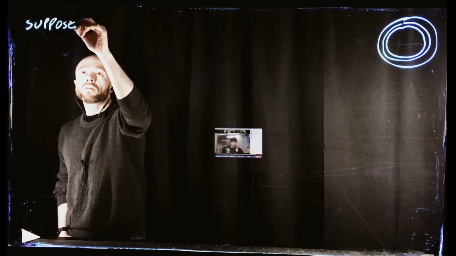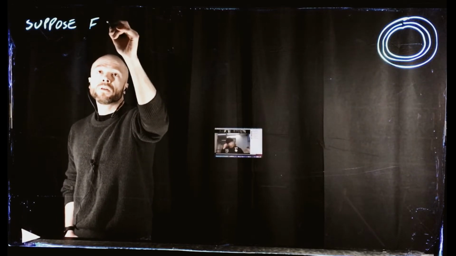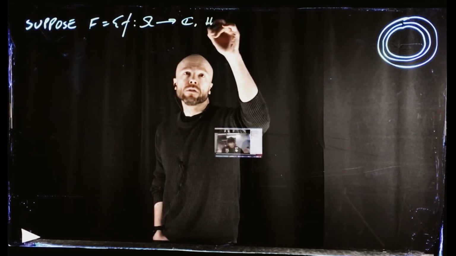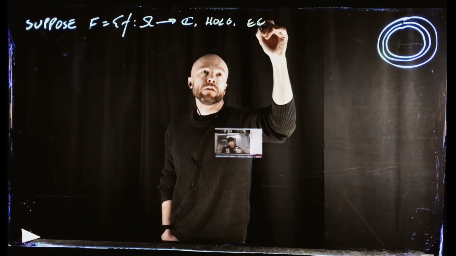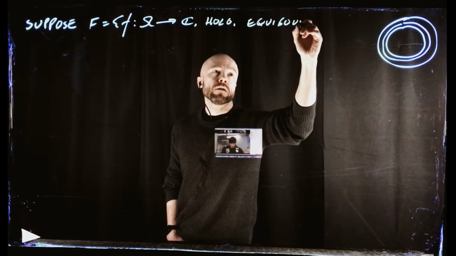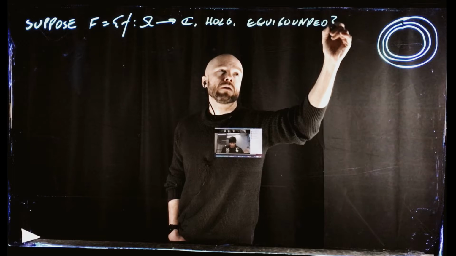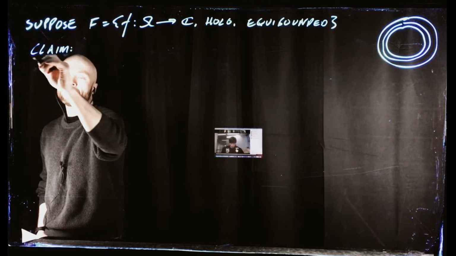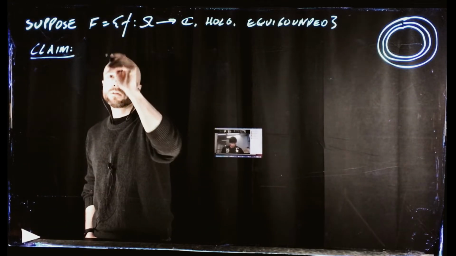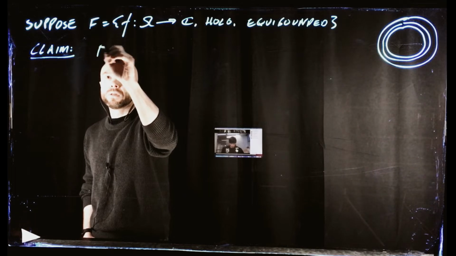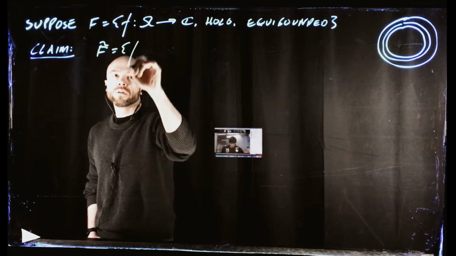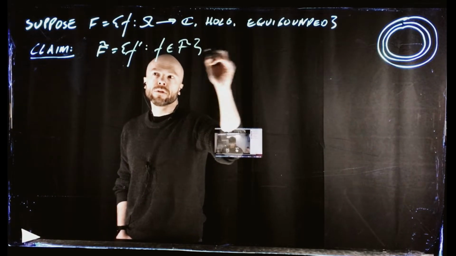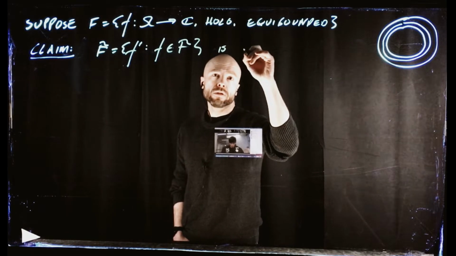Suppose F is a family of holomorphic functions and they're equibounded, then I claim that the set, let's call it F tilde, of f prime, so f belongs to F, is also normal.